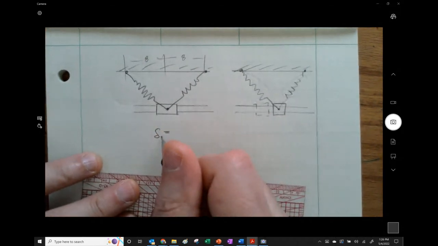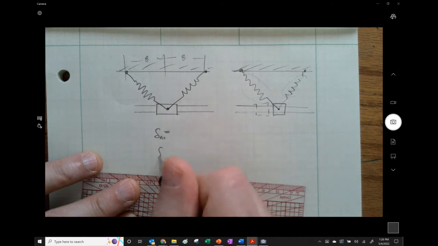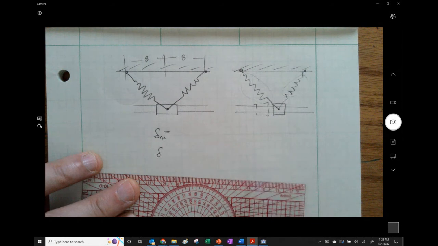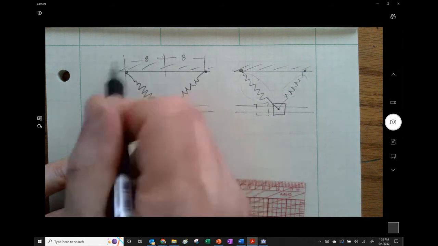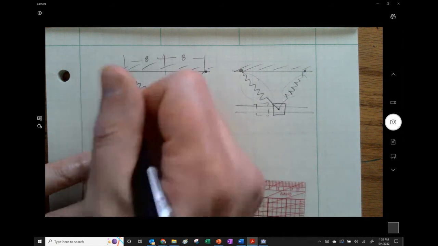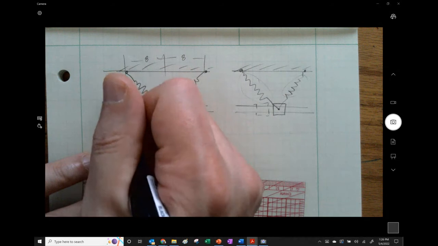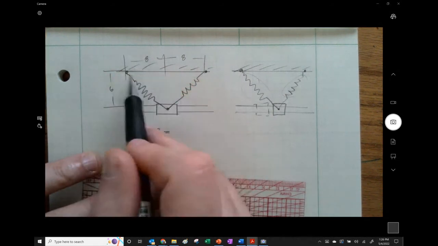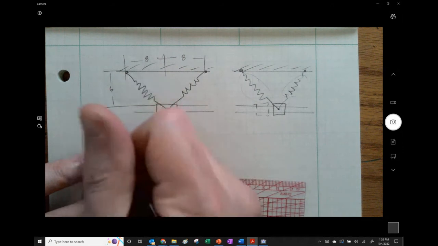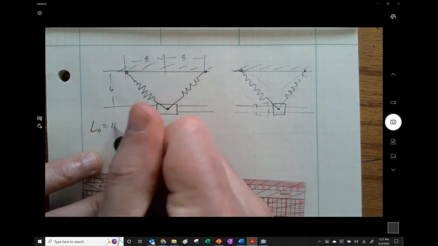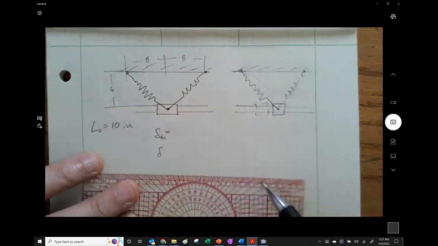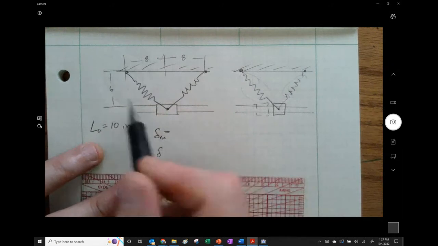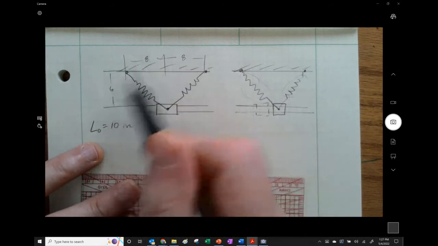So I guess I'll call the springs AC. And well, first I need the length of each one, right? So that's sort of an important thing. I think this is a 3, 4, 5 triangle though, right? So this should be 10 inches. The undeformed length of each spring is 10 inches because it's 6 and 8.